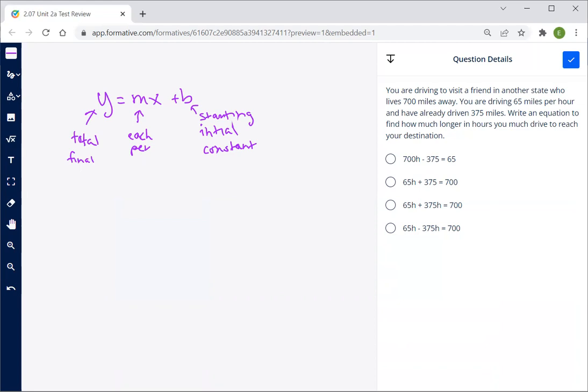Okay, so like last time was her final amount of bouncy balls. Okay, so if I look through, this is very similar to our Disney story problem that we worked on last week. So it says 700 miles away, you are driving 65 miles per hour. So per hour, ding, ding, ding, that has to be my slope. So we want 65x.